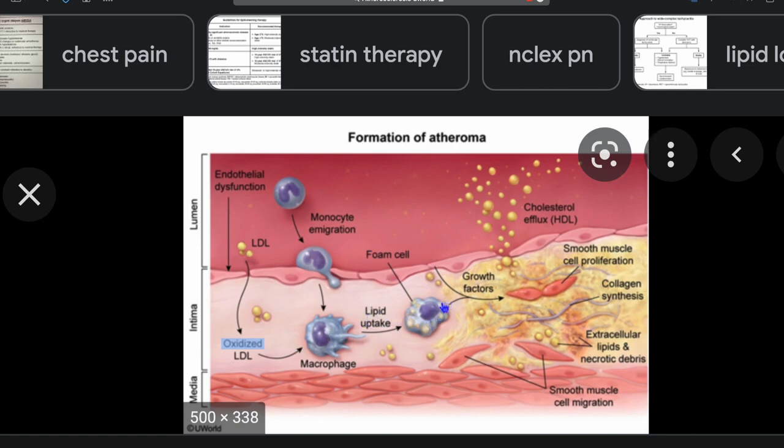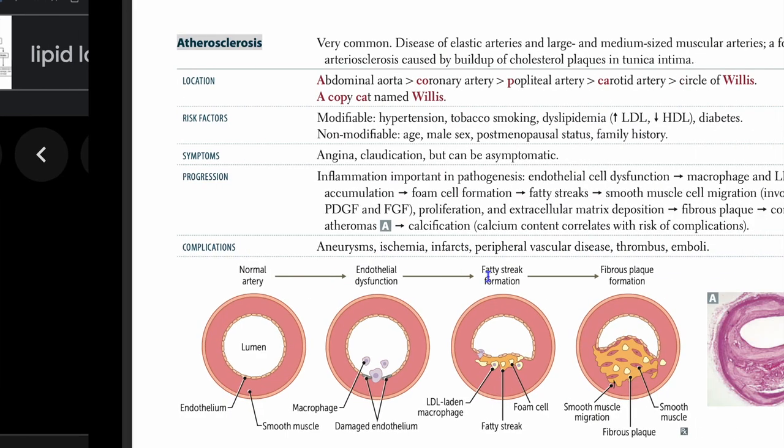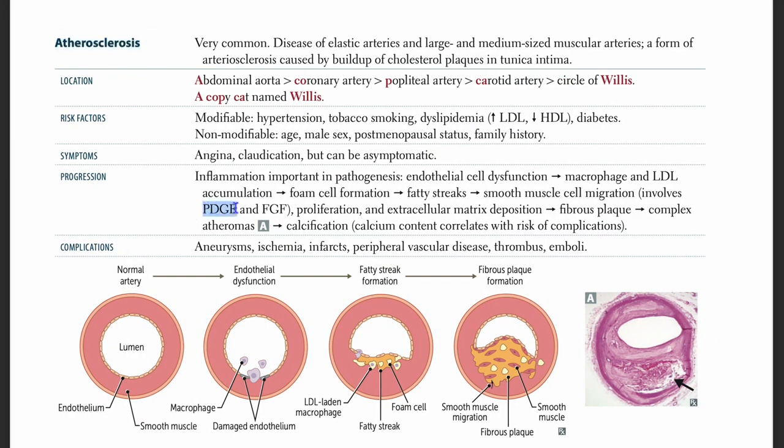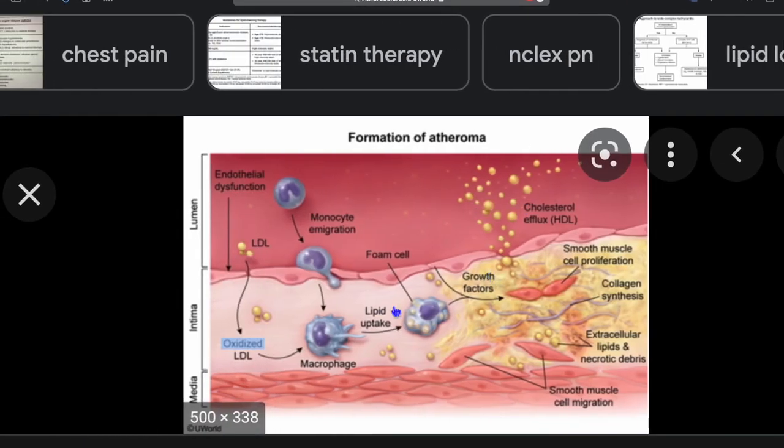So foam cell, then the foam cell will, along with the growth factors. The growth factors are which ones? These ones, right? PDGF and FGF. Along with that, the smooth muscle cell proliferation causes the fatty streak, right?